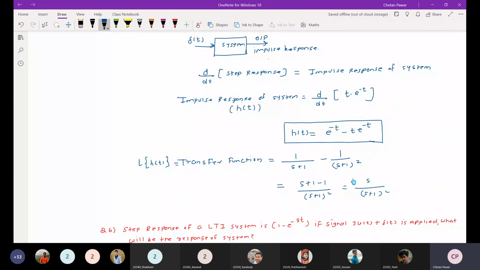This will be the transfer function of the system. This is the final answer. Like this you can find the transfer function if the step response of the system is given.